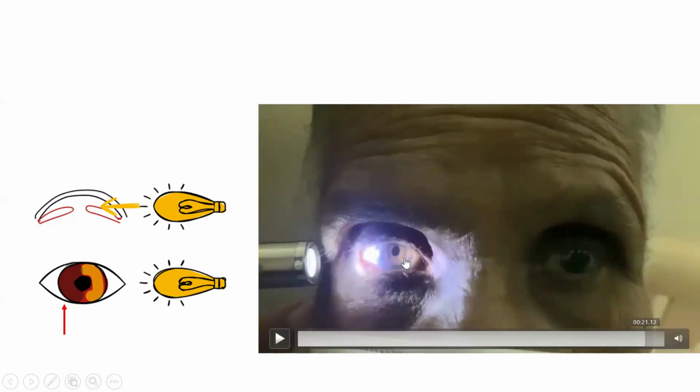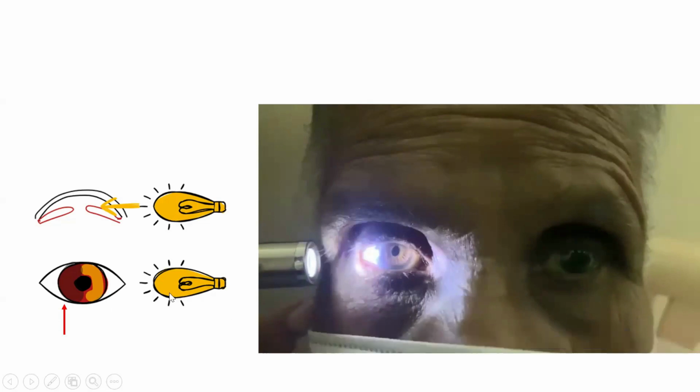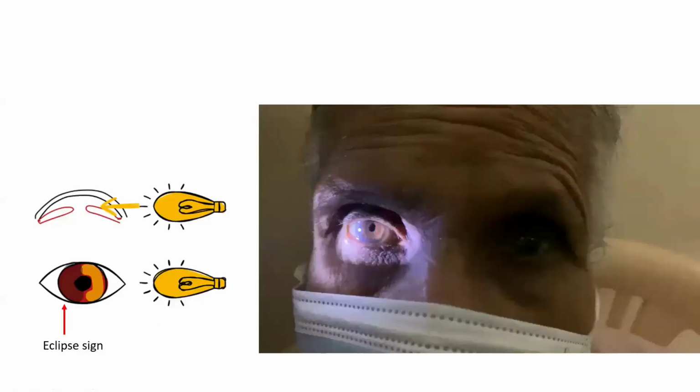So this is a deep anterior chamber, whereas here it was a shallow anterior chamber. In a shallow anterior chamber, light will not pass across the anterior chamber and not illuminate the opposite limbus, and you see the eclipse sign. So when the eclipse sign is present, the impression is that it is a shallow anterior chamber.